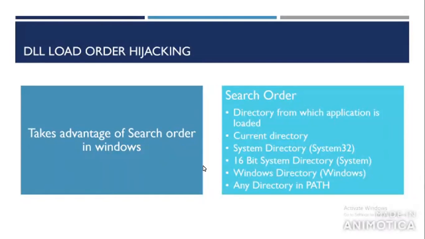So how does DLL order hijacking work? For example, if there is an exe file in the Windows directory that calls an external library which is in system32, the third level of the hierarchy, then whenever that exe is called, the DLL will be looked for starting from the directory from which the application is loaded.